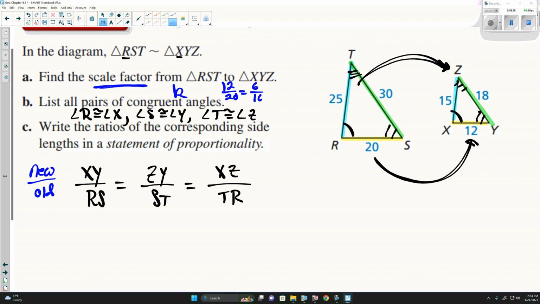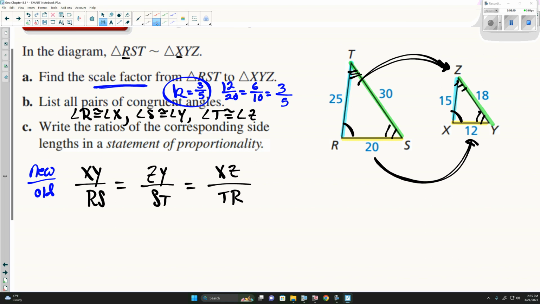Six over 10, does that reduce? Well, there's no more common factor, so 3 over 5 is reduced. So the scale factor should be 3/5.